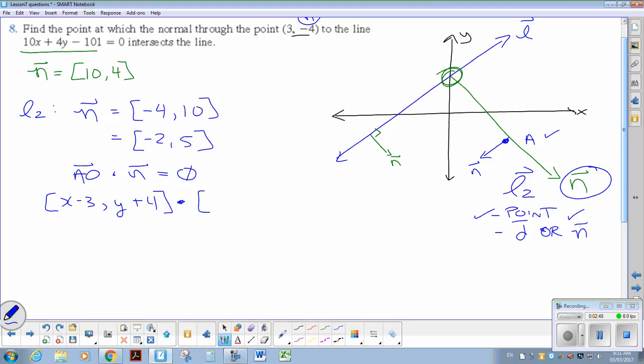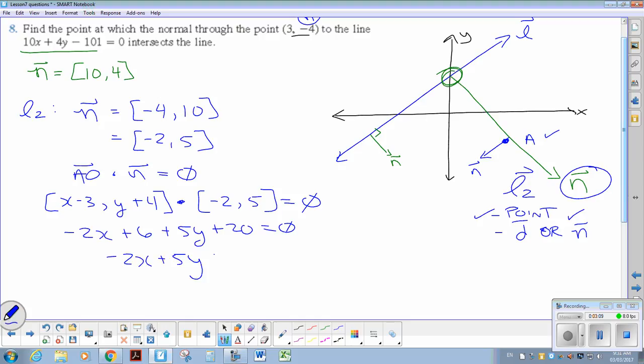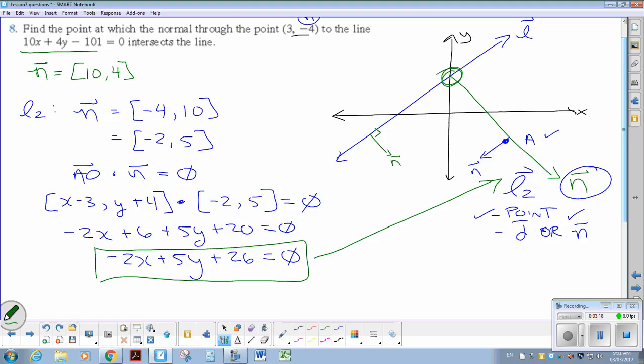Some of you will do this with substitution to find your constant, which is fine. I just use the dot product all the time out of habit. So -2x plus 6 plus 5y plus 20 equals 0. So -2x plus 5y plus 26 equals 0. So this is my equation of my new line, the one that I want.